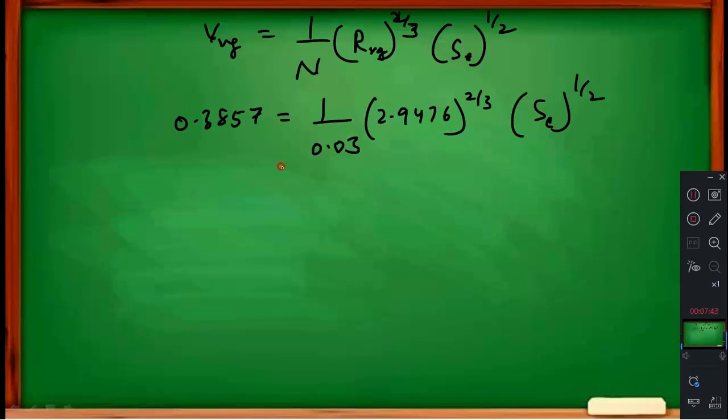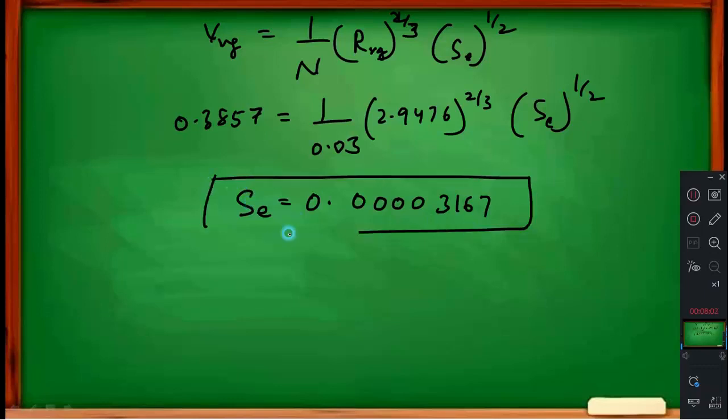After that we need to square that. If we square, then we get SE equal to 0.00003167. This is SE over.